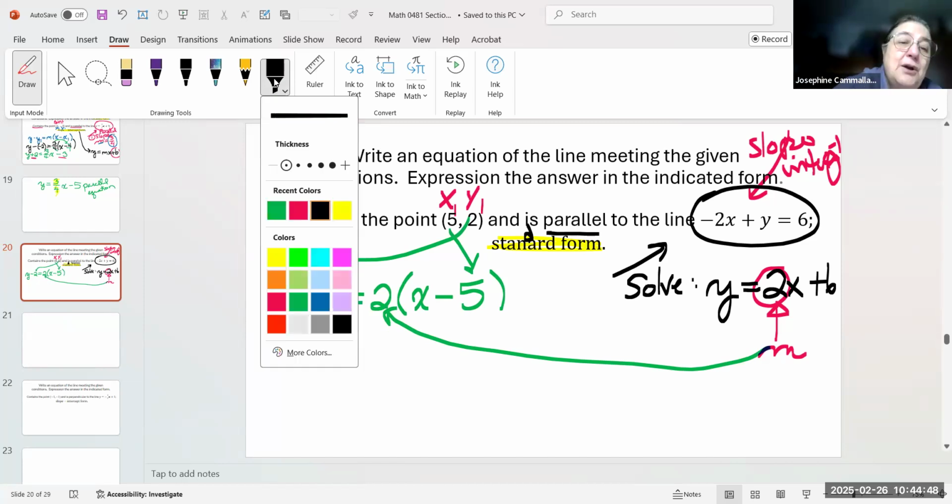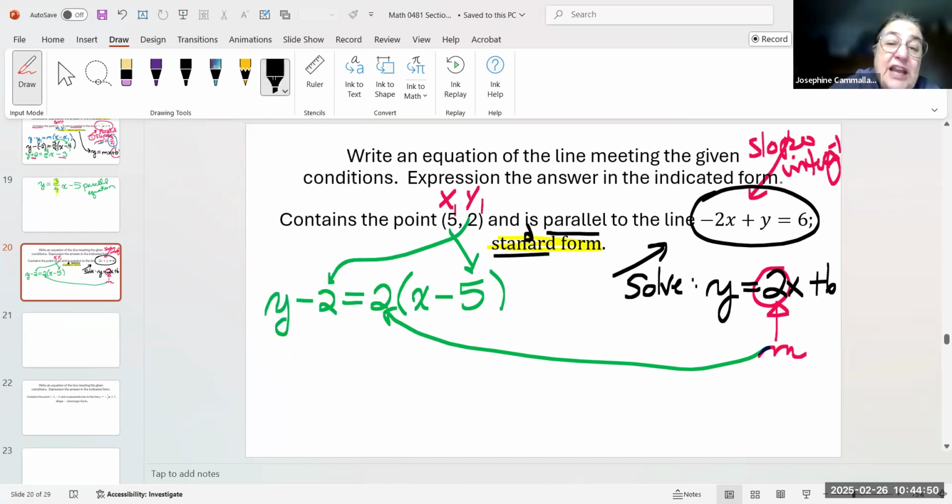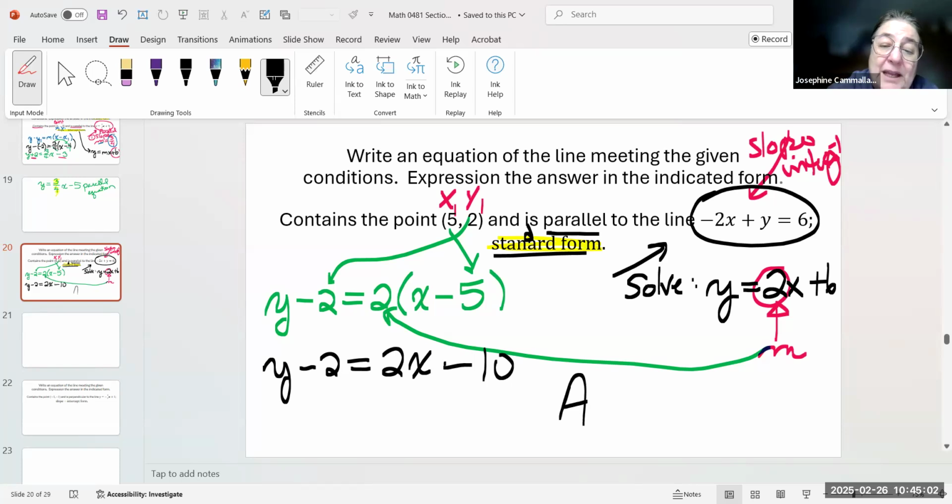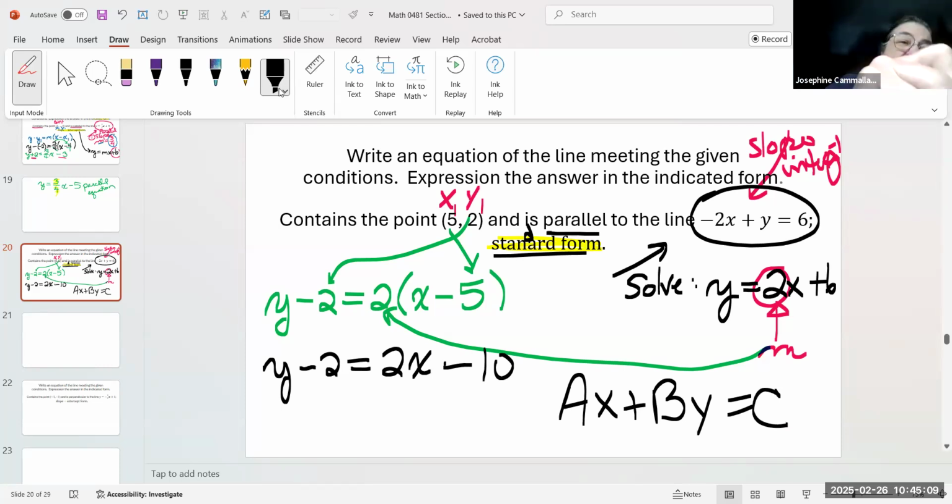Okay. Now, standard form. y minus 2 is equal to 2x minus 10. Well, standard form is ax + by = c.